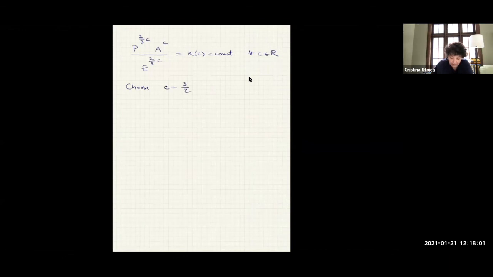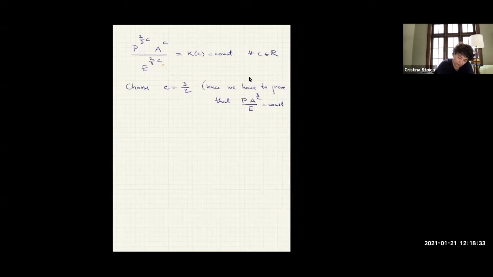Because we have to prove that P A at 3 over 2 over E is a constant. So I'm choosing this 3 over 2 so that when I multiply it there, E becomes a power 1. And of course, everything falls into place if the calculation is correct.